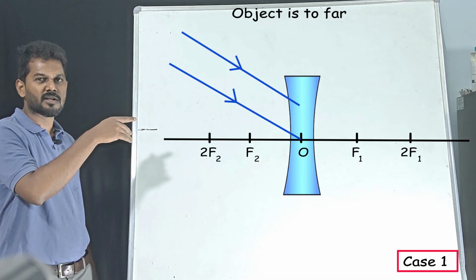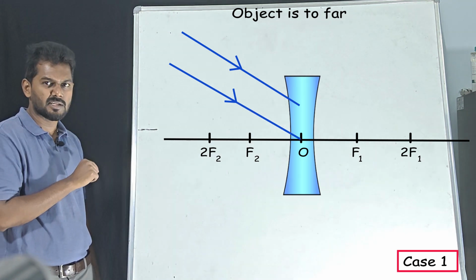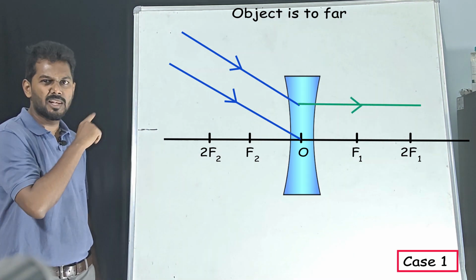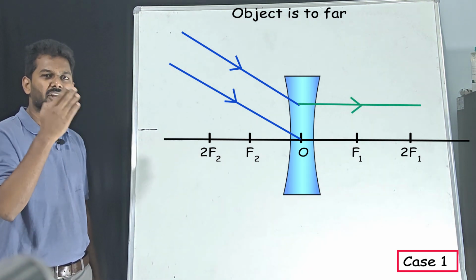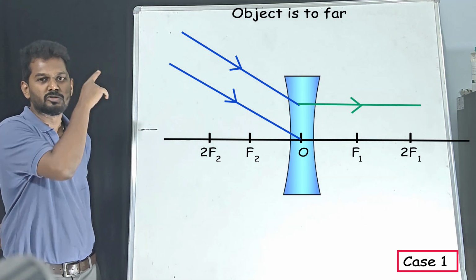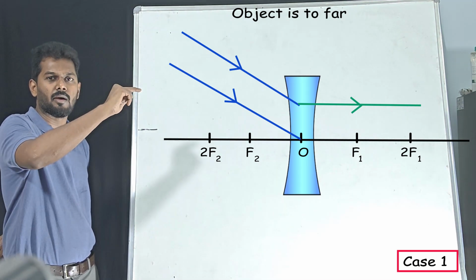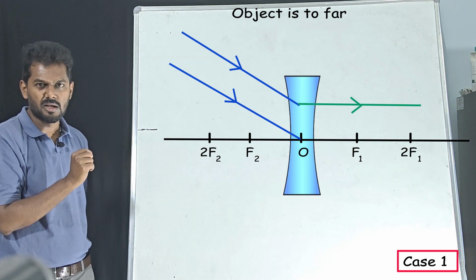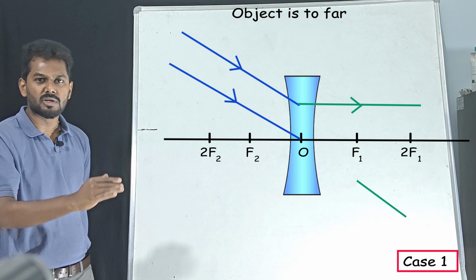We know if it is not parallel to the principal axis, after refraction it becomes parallel in both lenses. Here we are using concave, so if it is not parallel, after refraction it becomes parallel. Then the one passing through the optic center passes without deviation.